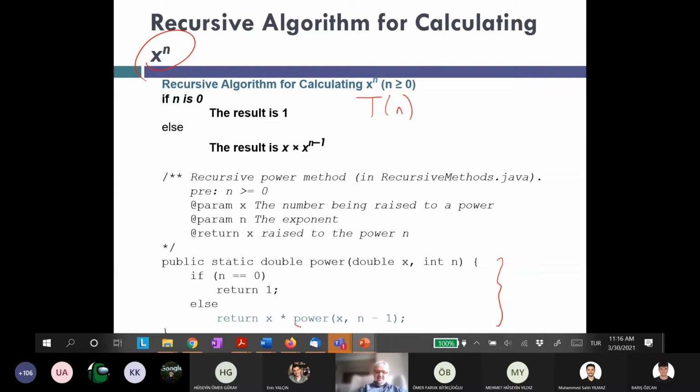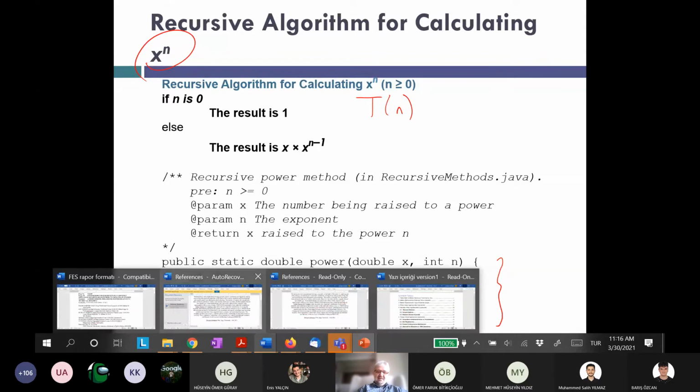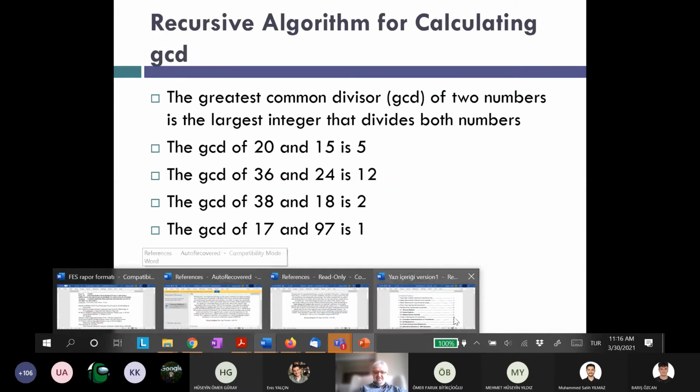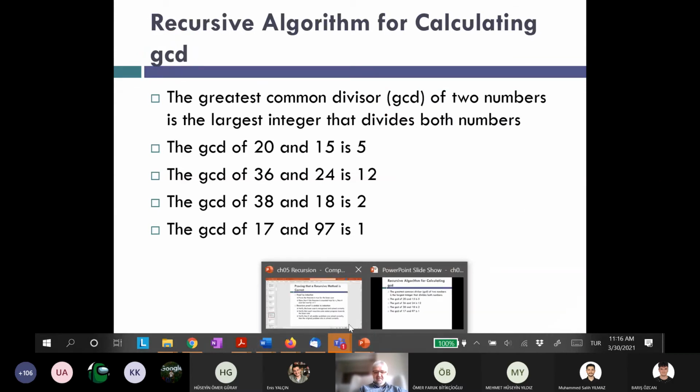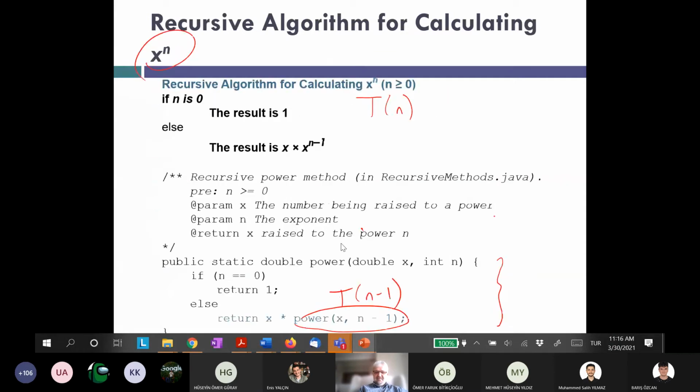And the size of this recursive call is n minus 1. So the running time of this recursive call will be T of n minus 1. And other than that, we have a multiplication, a constant check, an equality check, and everything is constant time.